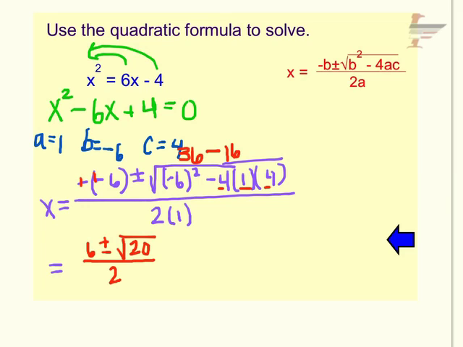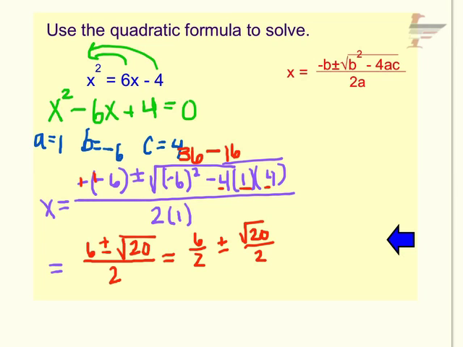Now from here, what we want to do is see if we can do any simplifying. We've got these two terms, a 6 and the square root of 20, all divided by 2. So we can separate this up, because the 6 really gets divided by 2 and the square root of 20 gets divided by 2. So we'll say 6 over 2 plus or minus the square root of 20 over 2.